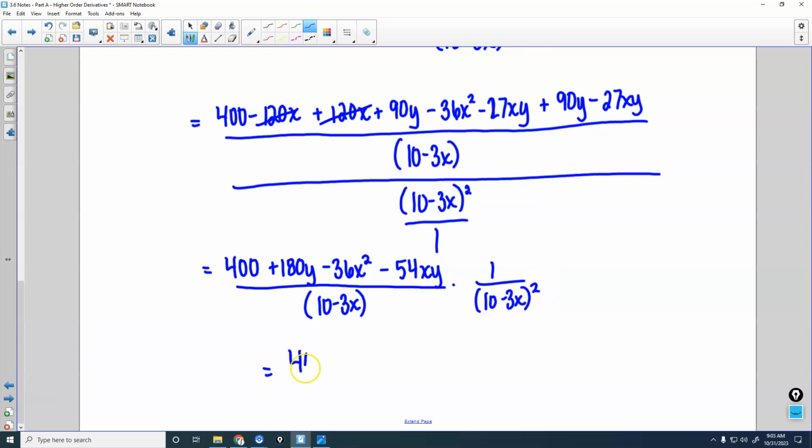So we're going to get 400 plus 180y minus 36x squared minus 54xy over 10 minus 3x squared. Nope, cubed.